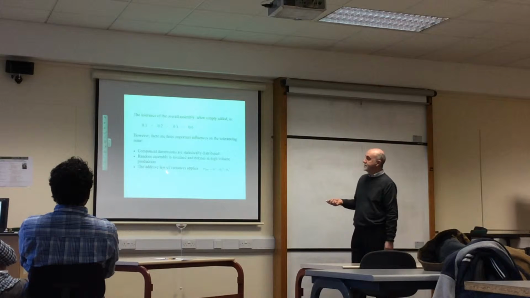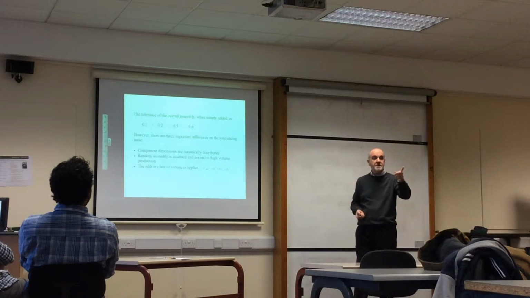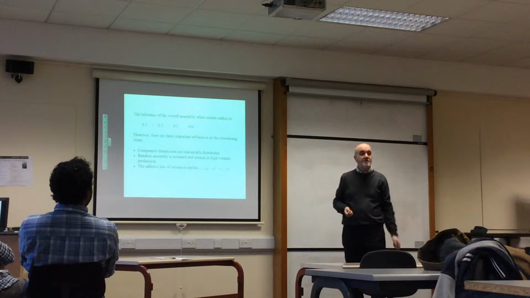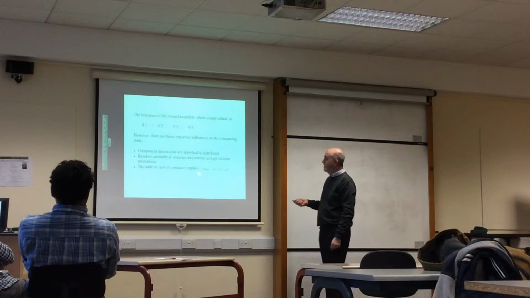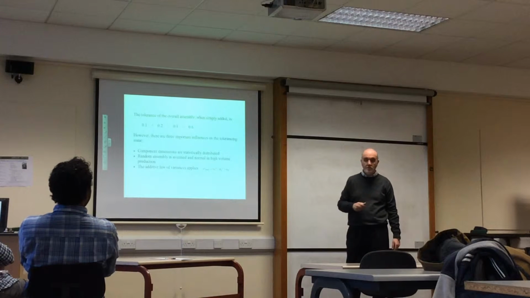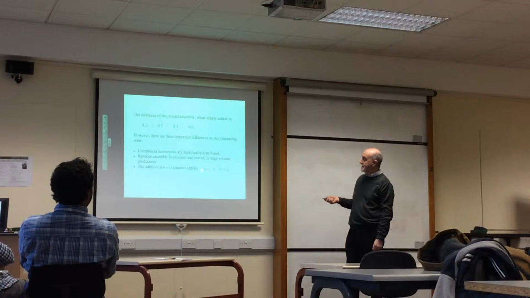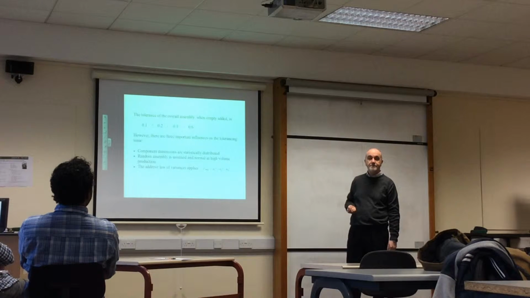And the other thing is that the additive law of variances applies. Now there's somebody asking, what do we do with these things? Well, we've got this thing called the additive law of variances, which we'll be talking more about. Basically it says sigma squared, that's the variance, of the assembly, is a summation of the variance of component 1, component 2, and component 3.